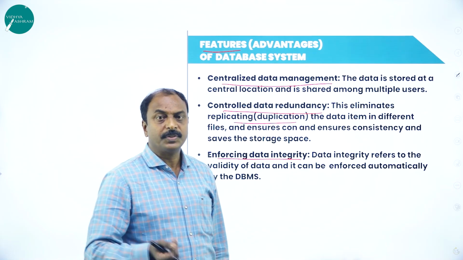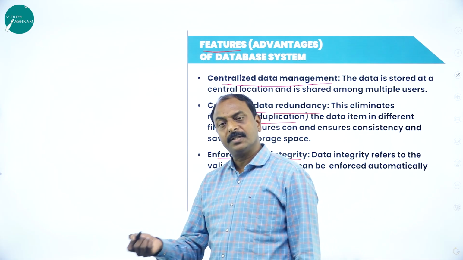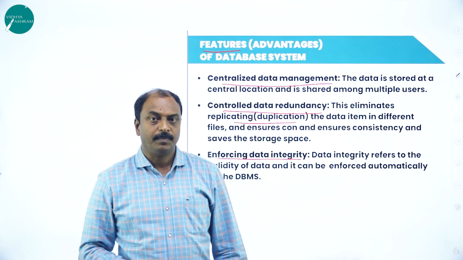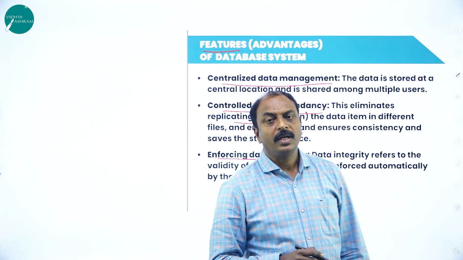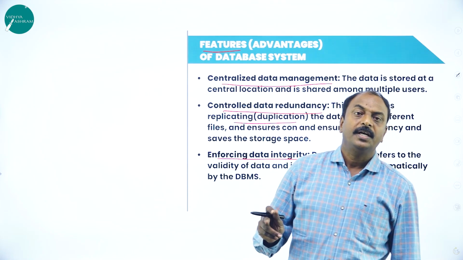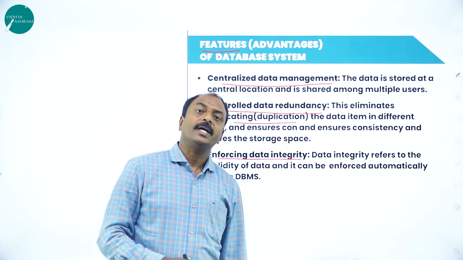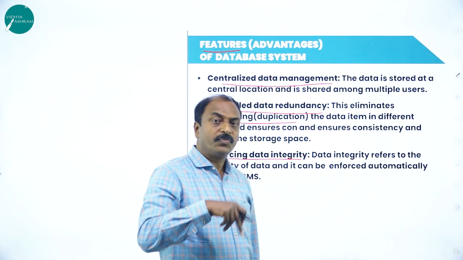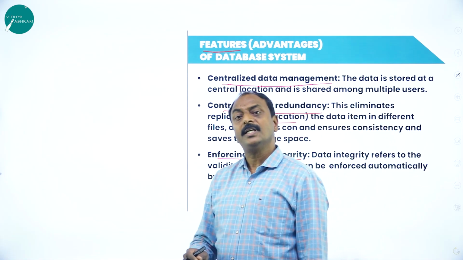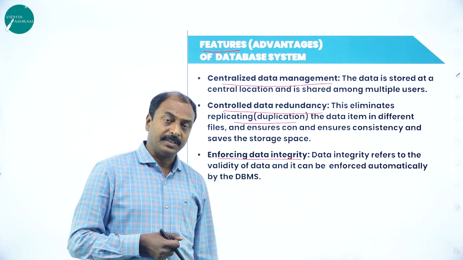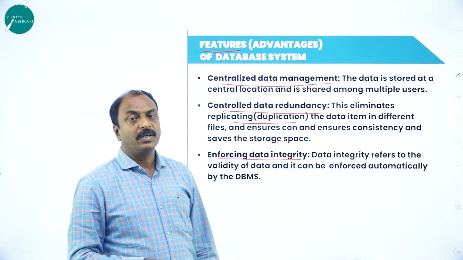Normally a student's marks are between 0 and 100, and we are not supposed to enter a value greater than 100. If by mistake or oversight we enter a value between 0 and 100, it accepts it. If we enter a value outside this range, for example 120, that value cannot be accepted by the database management system. That is nothing but enforcing data integrity, the accuracy of the data.